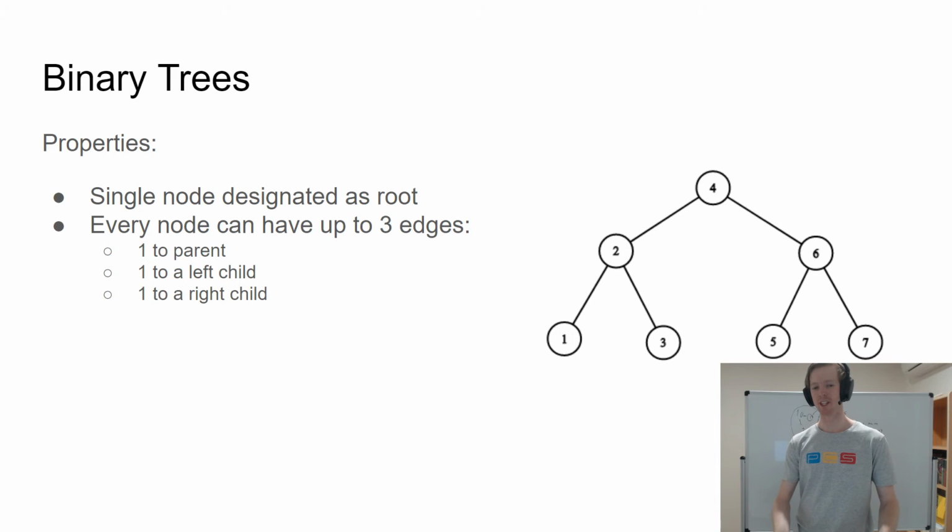It can have no more than that, but it can have less. So it can have no parent, which is the case of the root. It can have no left child, and it can have no right child. It's not bound to have either no children or fully populated. Otherwise, it would be impossible to represent some things as binary trees. Cool.